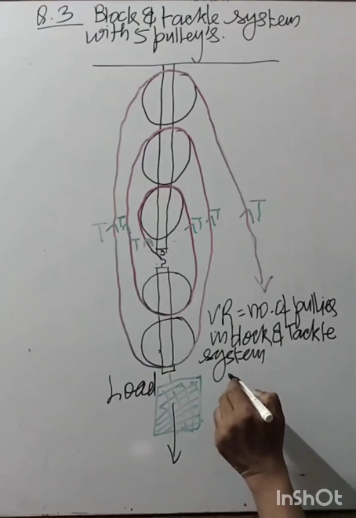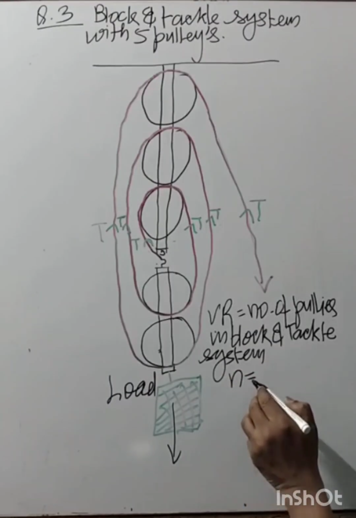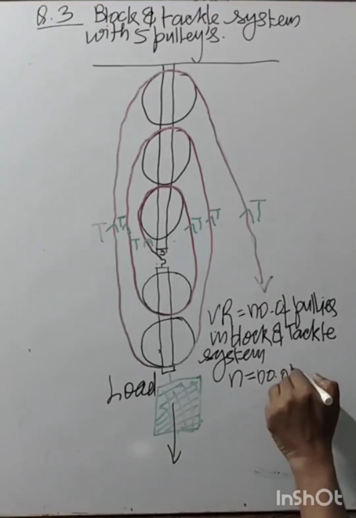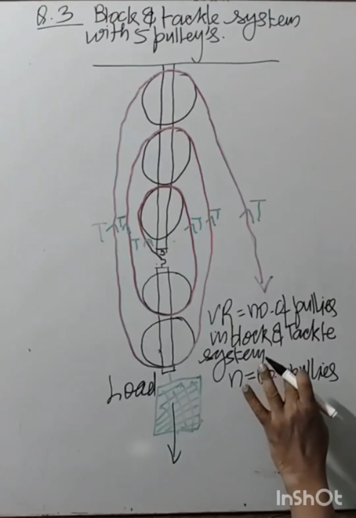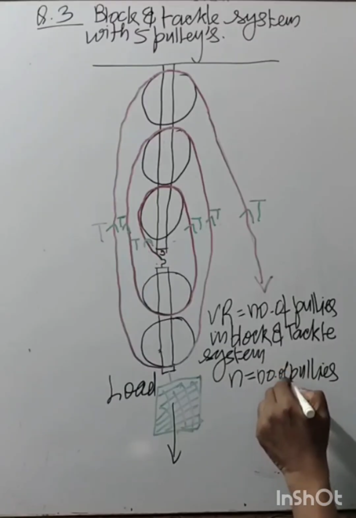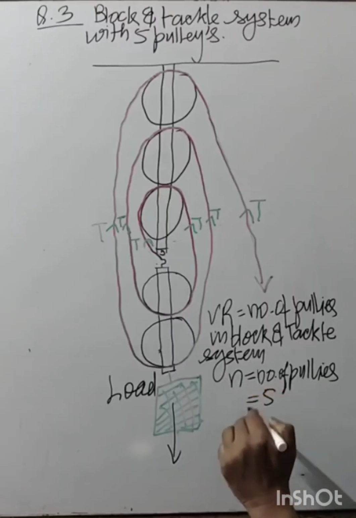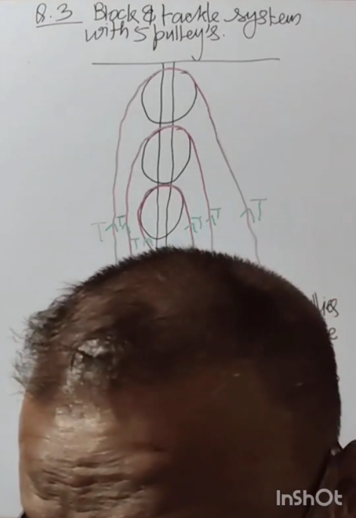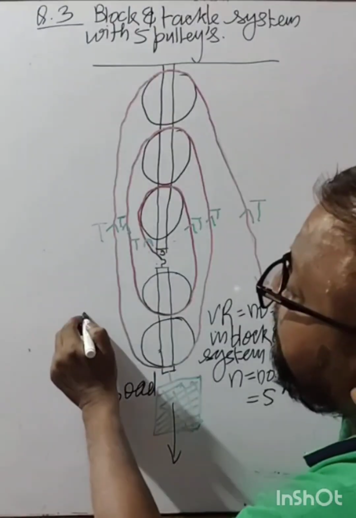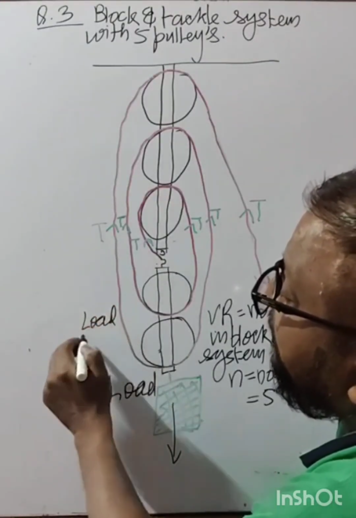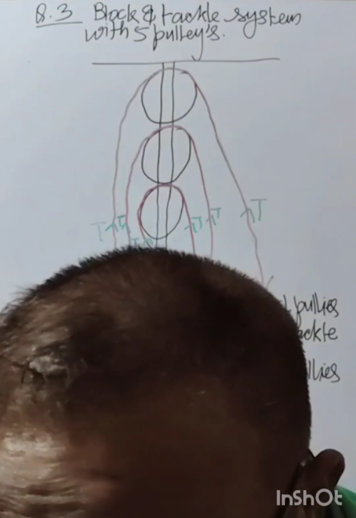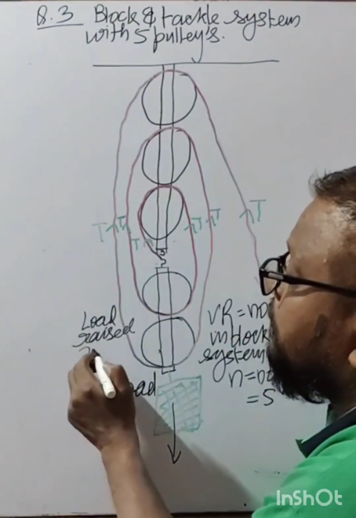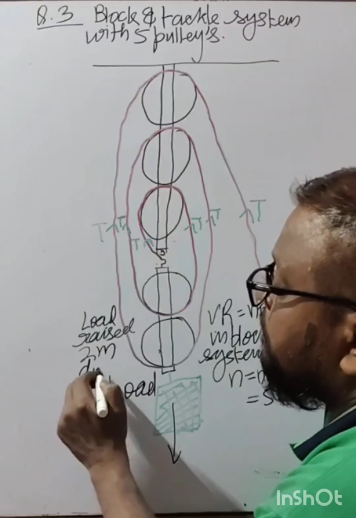So here N is equal to the number of pulleys, which is 5, and it is saying that if load is raised 2 meter, it means load arm is equal to 2.